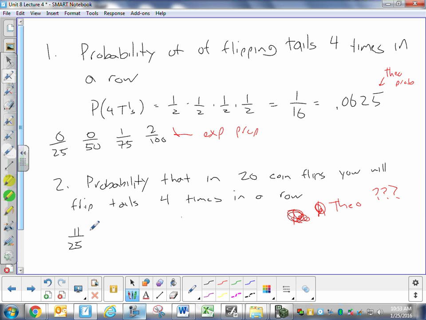So we're going to add 13 and add 25. Now we're at 24 out of 50 of us.